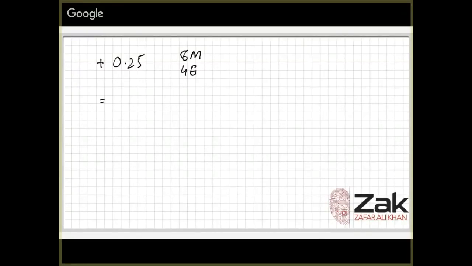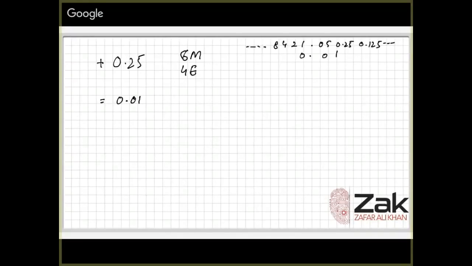0.25 means we have this point here, then 0.5, 0.25, 0.125, and further over here we have 1, 2, 4, 8. So 0.25 means we don't have any figure on the whole side, and we have this. So this would become 0.01. Do we have to move this point anymore?